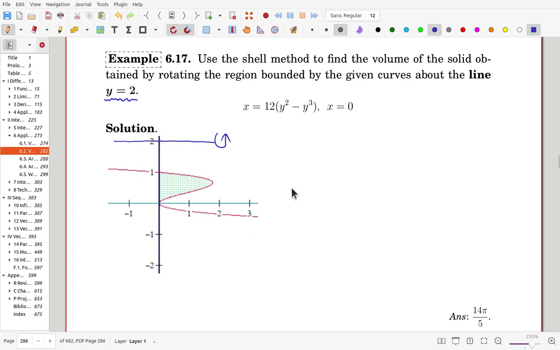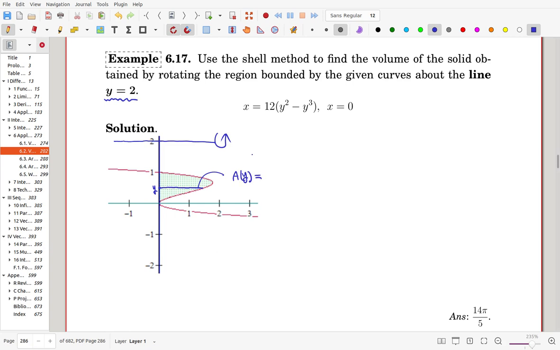Now the graph is already given, so that will be rotated. In this case, the region is moving from 0 to 1. For each y, if we choose any y here, then once it is rotated, this line segment will make a thin shell. So we have to get the area of this thin shell, A(y).